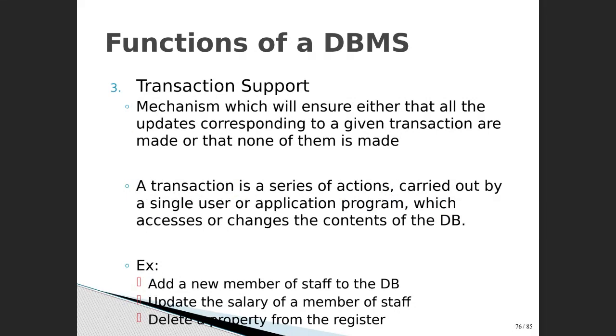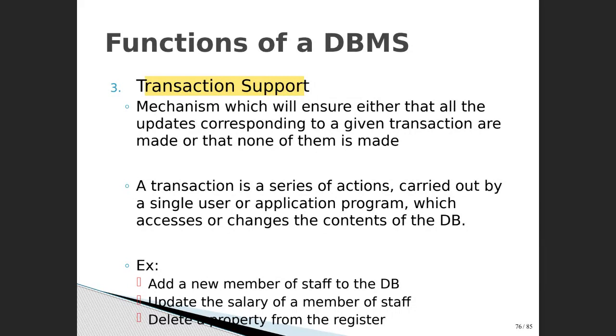The third function of the database management system. We mentioned 2 functions. Number 1, ability to store, retrieve, and update. Number 2, system catalog or user accessible catalog. Number 3, transaction support. The database management system will support any number of transactions, even if handled at the same time.